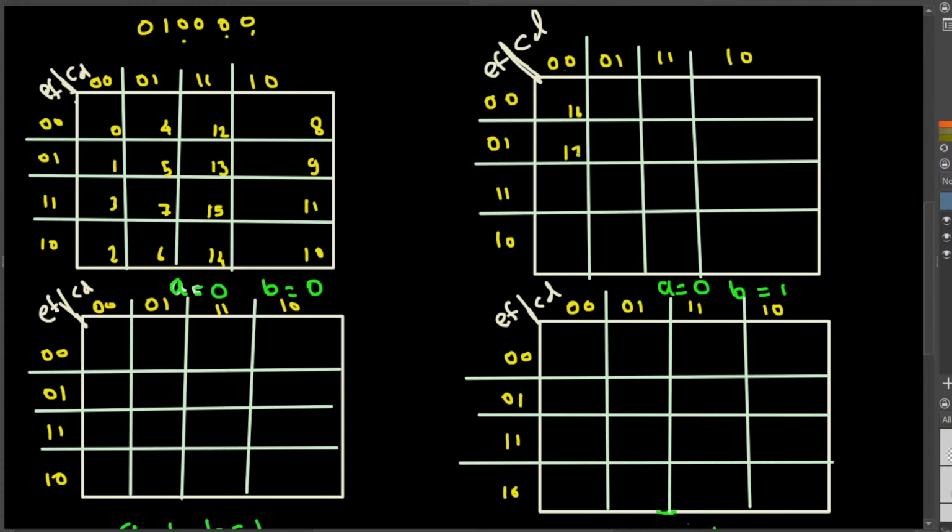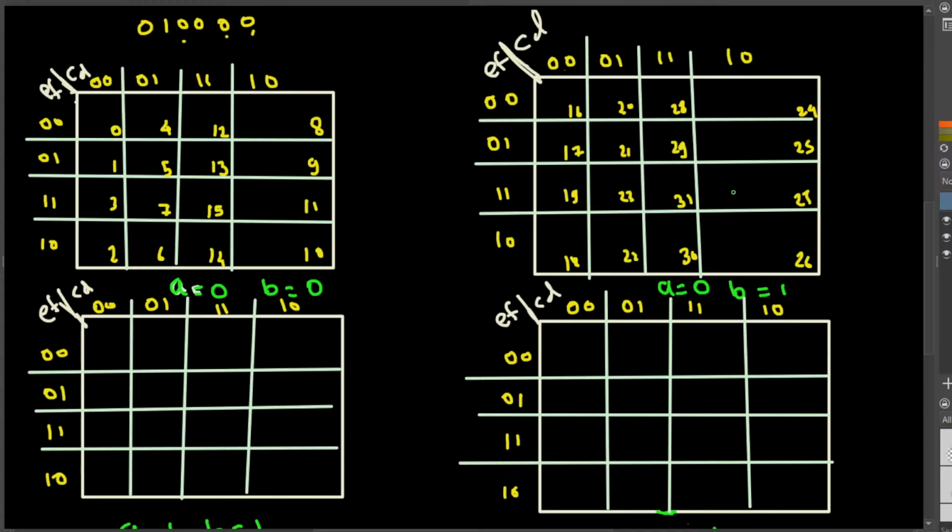See here also 16, 17, 18, 19, and then 20 here, 21, 22, 23, and after that we go here: 24, 25, 26, 27, and then 28, 29, 30, 31. If you get 31, we did it right, because this is 2 power 5 at maximum. So 31 is the maximum value, since we start from 0 and have 32 spaces.